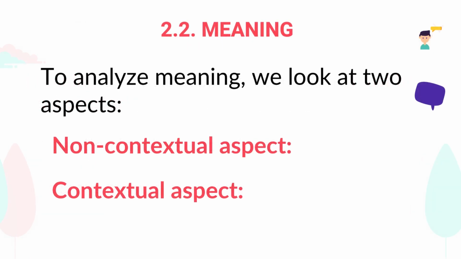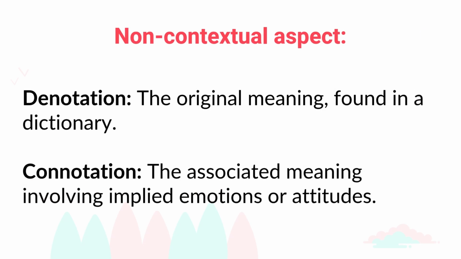To analyze meaning accurately, we must look at two aspects: the non-contextual aspect and the contextual one. The non-contextual aspect includes denotation. It means the original dictionary meaning, and connotation, the associated meaning, including implied emotions or attitudes.